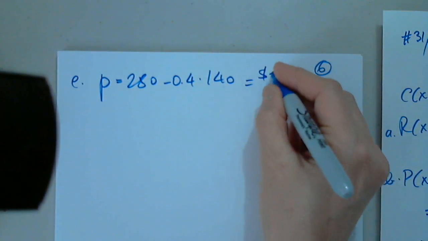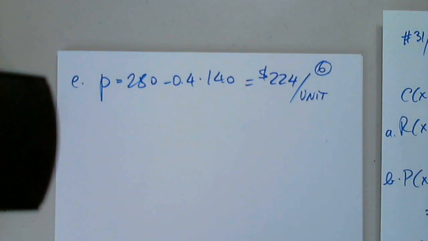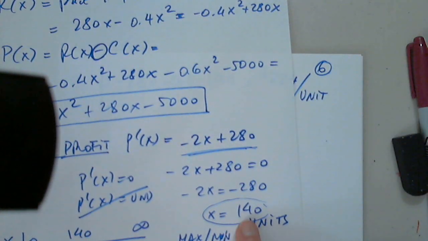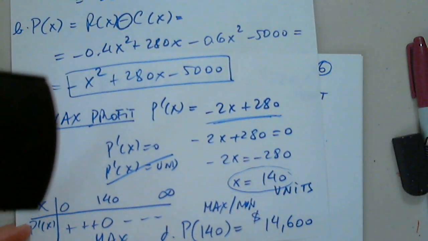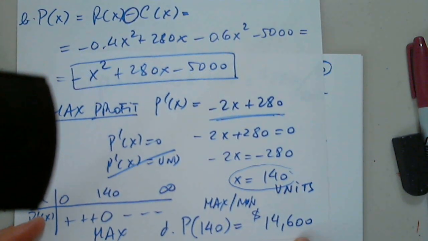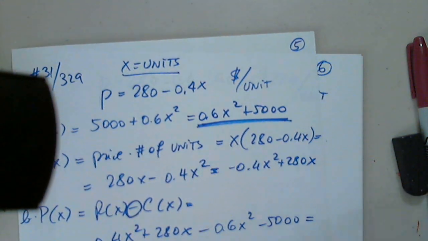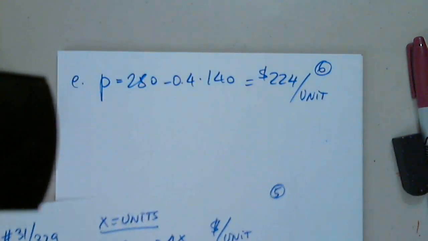So this is 224 per unit. So if we want to maximize our profit, we have to produce 140 units. For 140 units, we get 14,600, and the price per unit to have a maximum profit is 224.